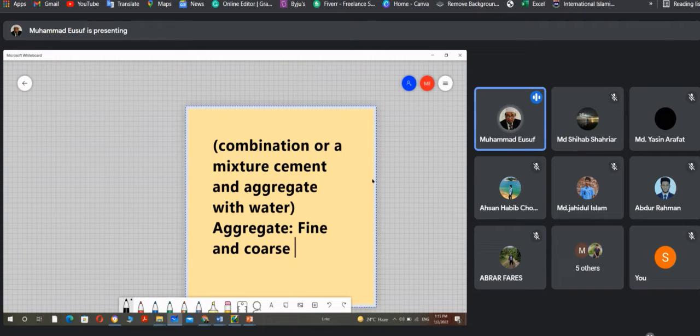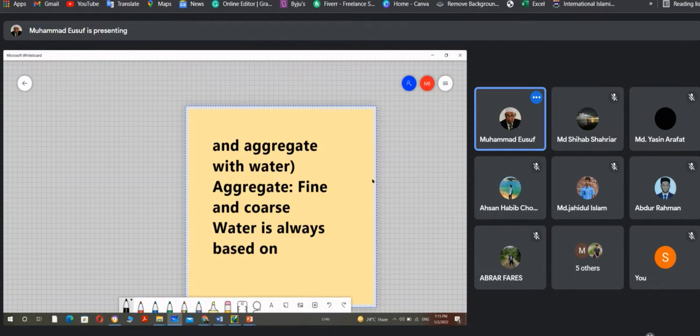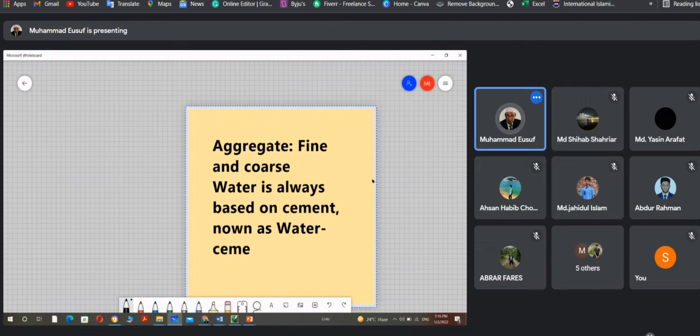And the water cement ratio. Is it clear?